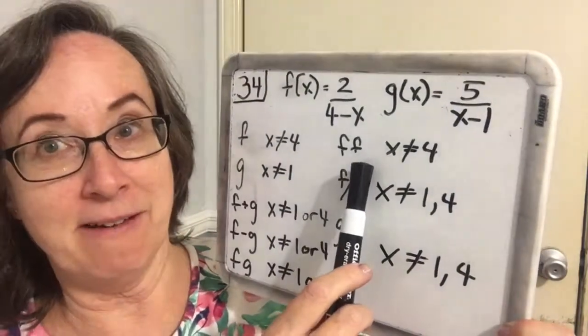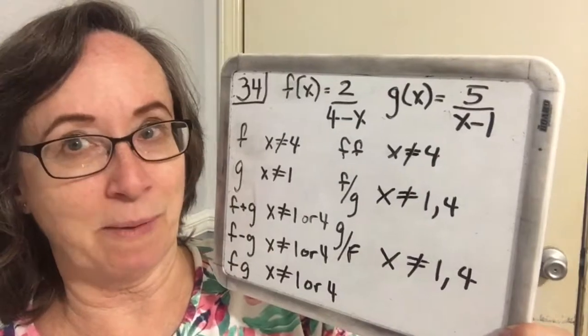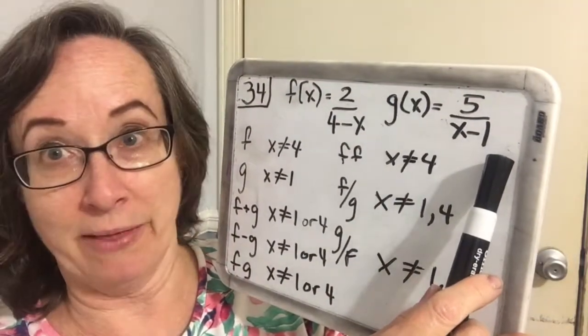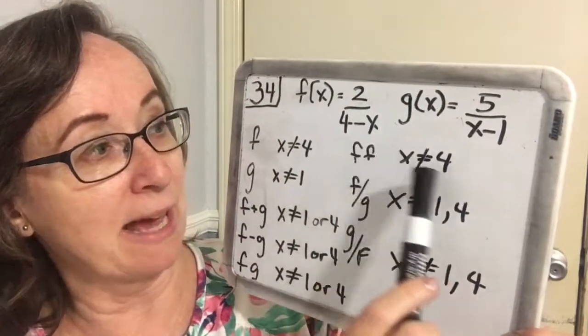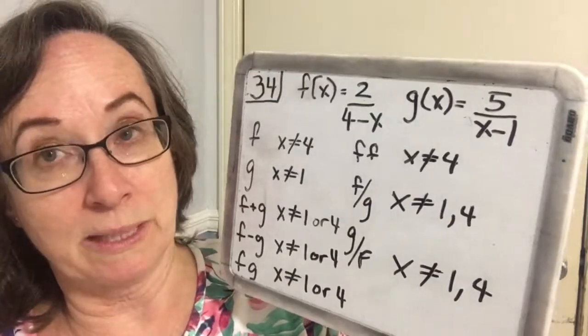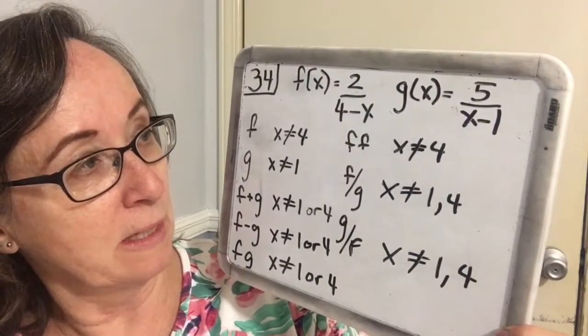Now, f is interesting. When we multiply f by itself, then the restrictions on g don't bother it at all, and we just have f cannot be 4, because x cannot be 4, because we're only dealing with that function.